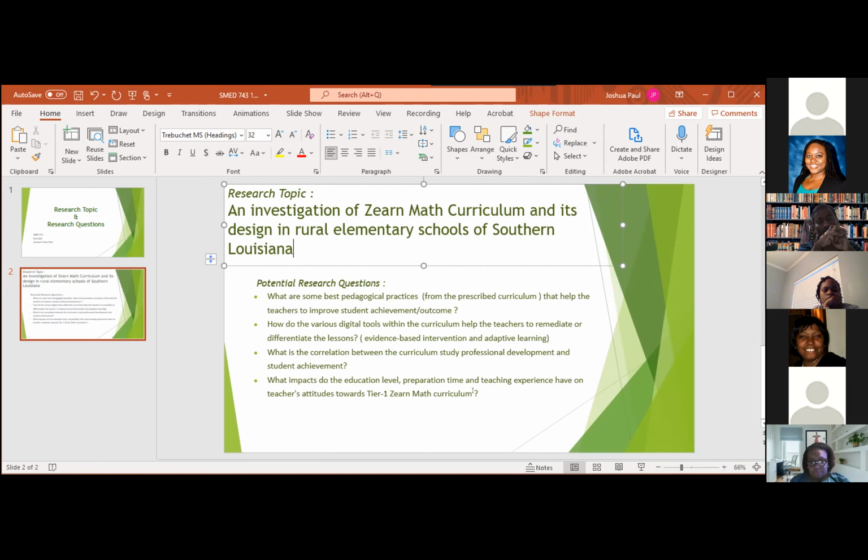Or they may not have any prior experience in teaching the curriculum or the subject itself. So I want to see whether their attitude towards the Tier 1 curriculum is impacted by the preparation time, the teacher experience or the educational level. I want to see the impact of these three factors on the teacher's attitude towards the Tier 1 curriculum.